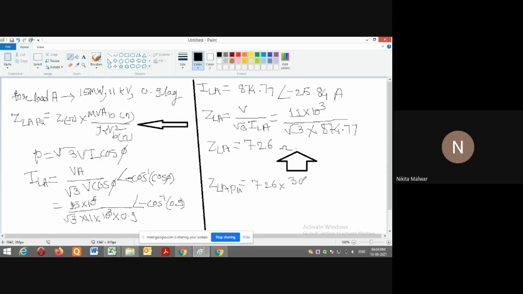MVA base new is 30, divided by KV base. Which value for KV base will we consider here, KV base 1 or KV base 2?